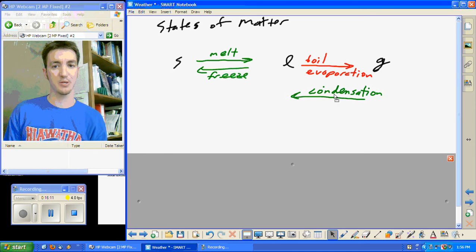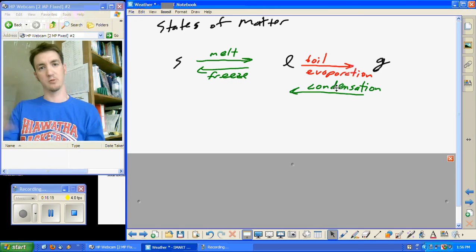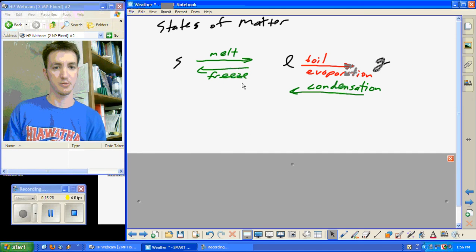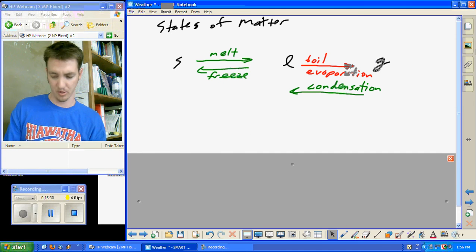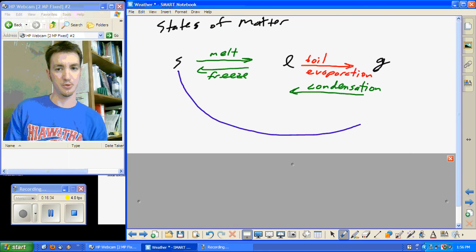The opposite is condensation. If a gas condenses into a liquid. Now, I'll usually ask in class, what is it called when a gas turns into a liquid? Crickets. Nothing. What is it called when the side of your pop can gets wet? Condensation. Okay, so that's what it is. Gas condenses into a liquid, so just think of your pop can. And then the big brain buster is when a solid turns into a gas. So think of dry ice.